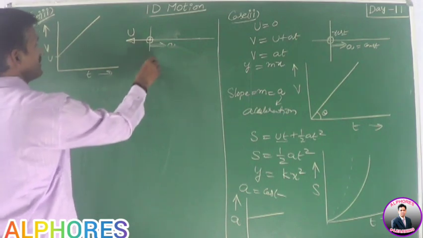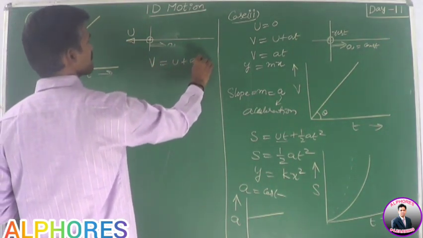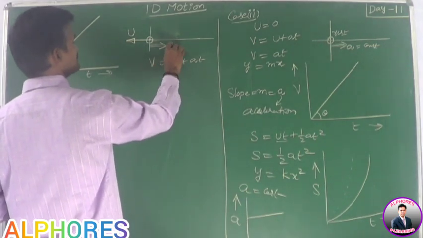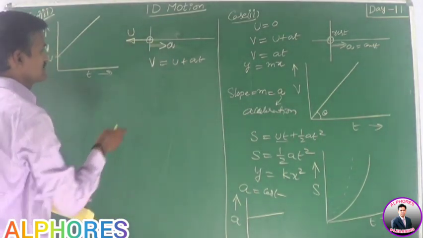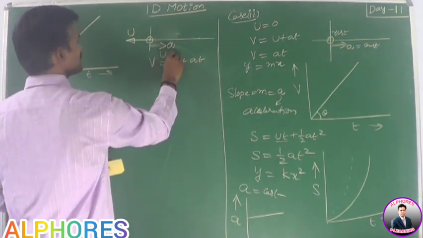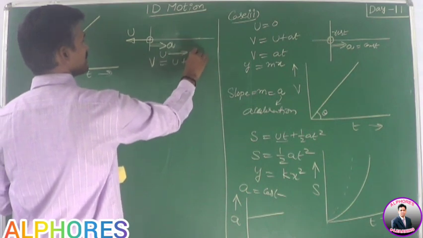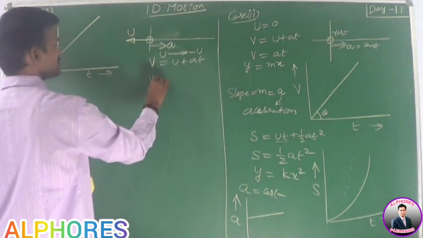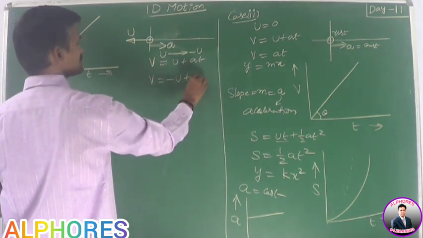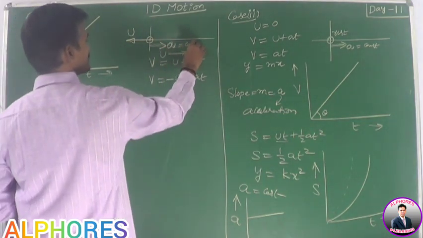Our equation is v equal to u plus at. How to write this equation in this particular case? Here u is negative, so u changes to minus u. Then the equation is minus u plus at. Here acceleration is positive and constant.